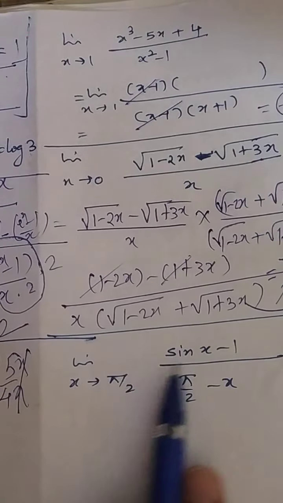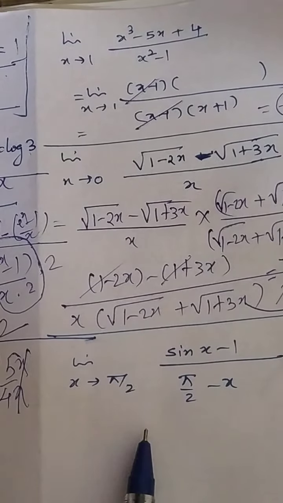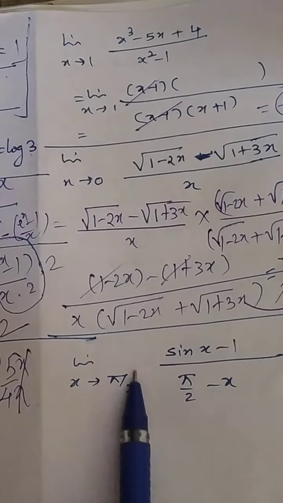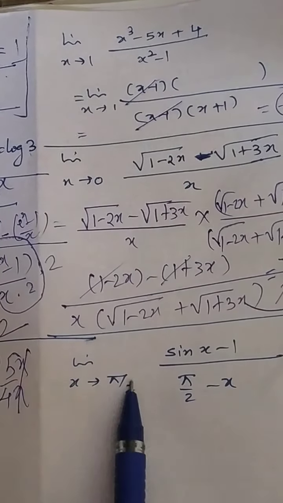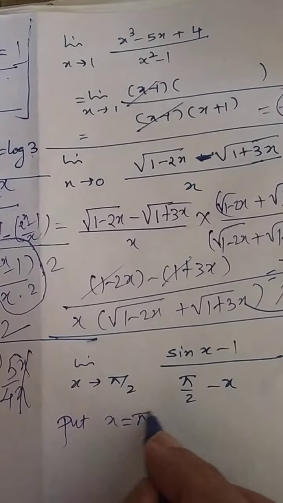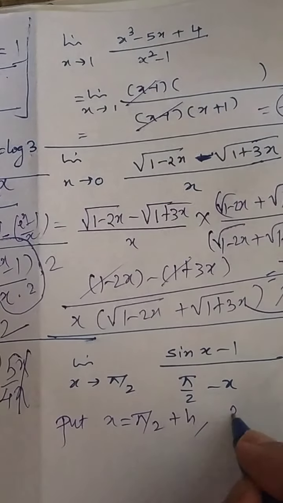If you put x equals pi by 2 here, you will get the 0 by 0 form. But with basic trigonometry, this limit should be 0, that we know. So the technique which you are aware of is called the substitution method. As x tends to pi by 2, h tends to 0.